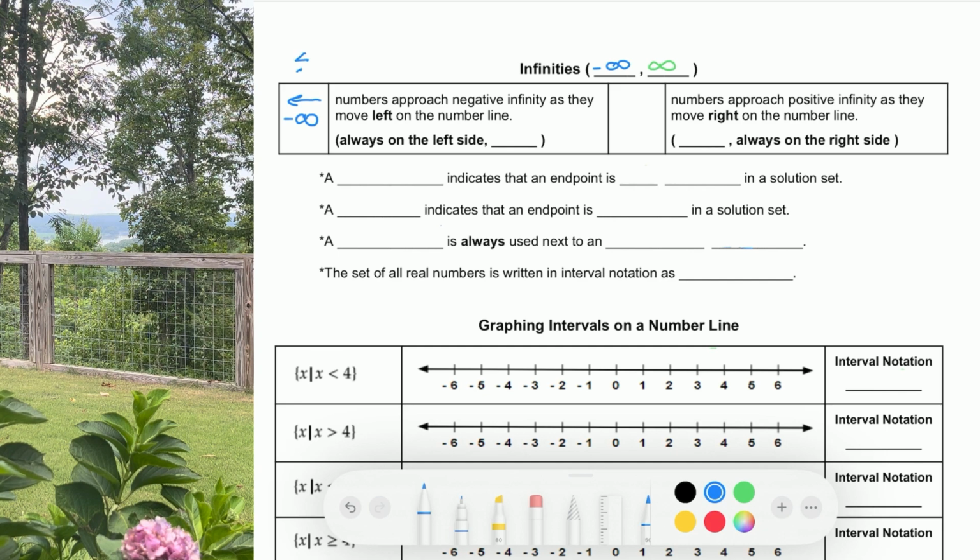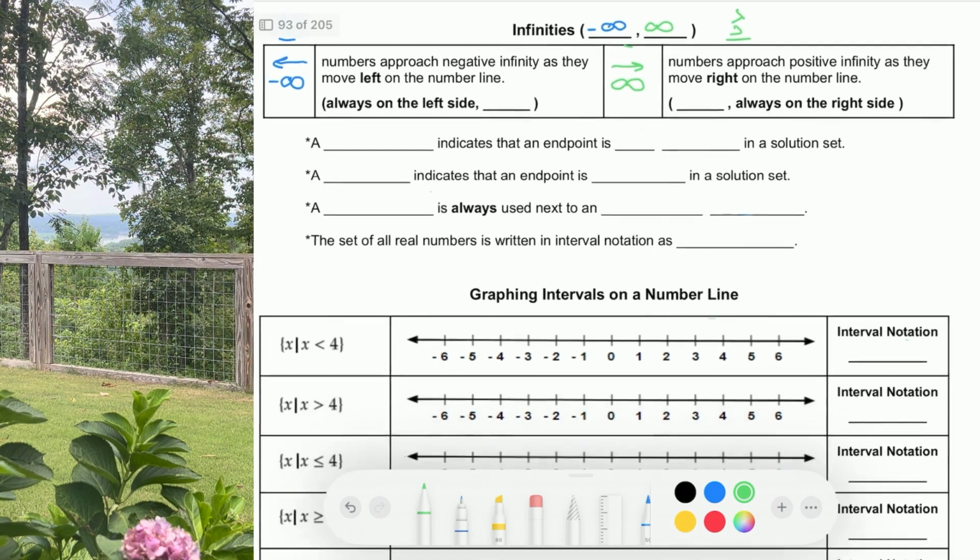Numbers that are less than, basically. So less than or equal to. That's what it has to deal with. Numbers approach positive infinity as they move right on the number line. So they go to the right. They're increasing in value, basically. So those are the greater than or the greater than or equal to.